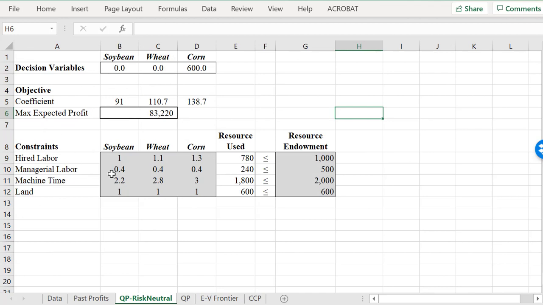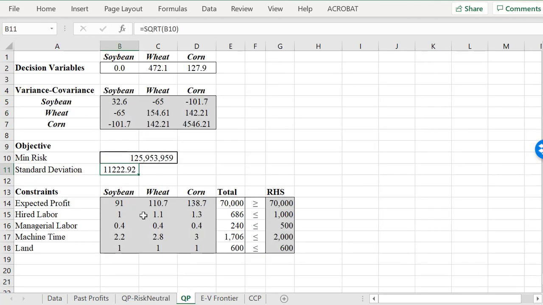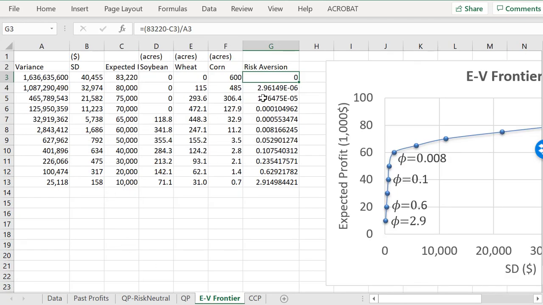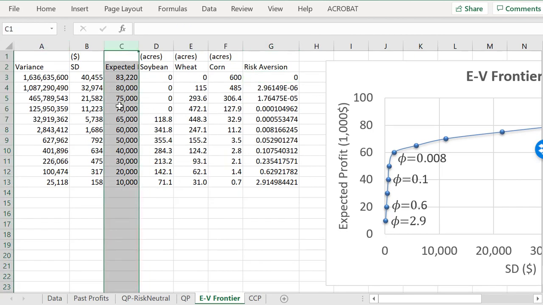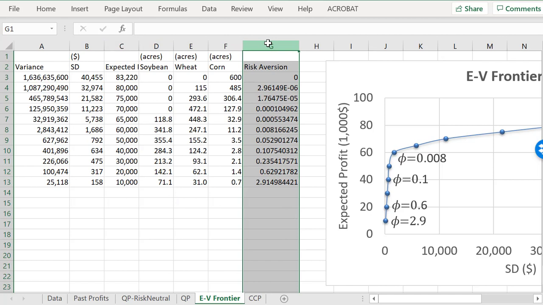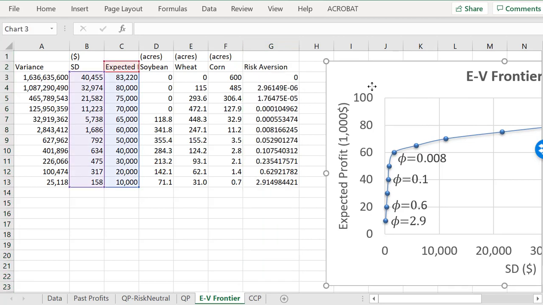We also have the risk neutral person's linear programming problem here. We also have the quadratic programming, which we covered in the last lecture. And this is a tab for when you record your results if you choose different expected profit levels. You can record your optimal solutions here. You can also calculate your phi level here, and then after you do all that, you generate this EV frontier graph. And that's all covered in the last lecture.